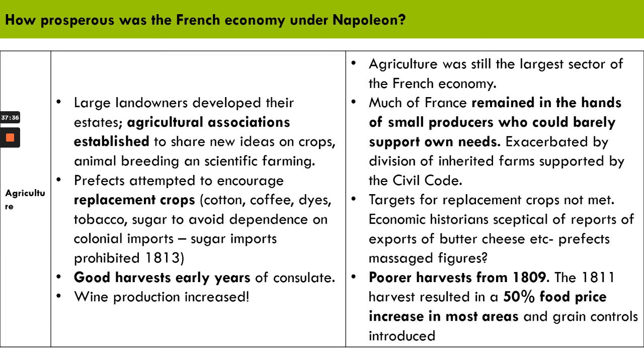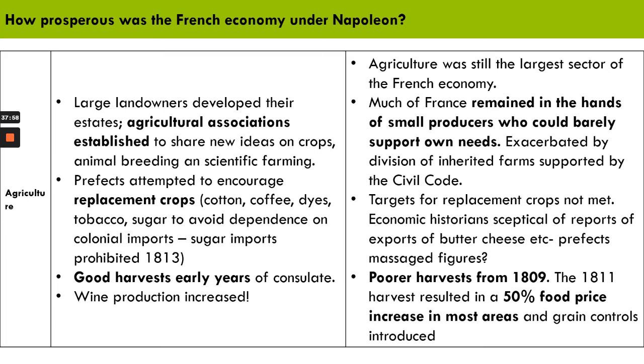And sugar was even prohibited from being imported from 1813. They had to pioneer different ways of creating sugar, from beet rather than cane, to get the same sort of products in France.